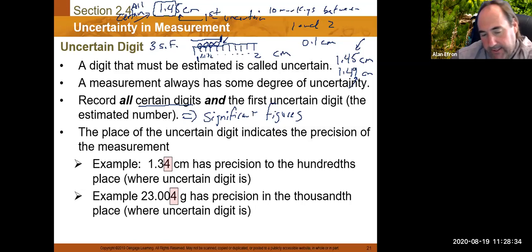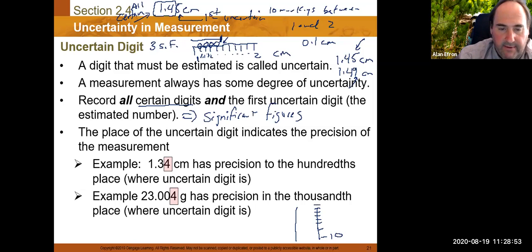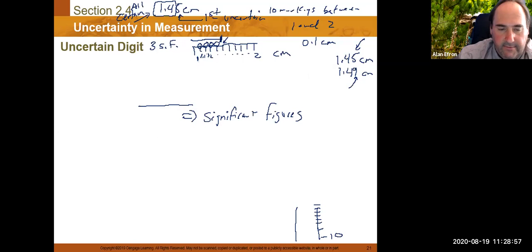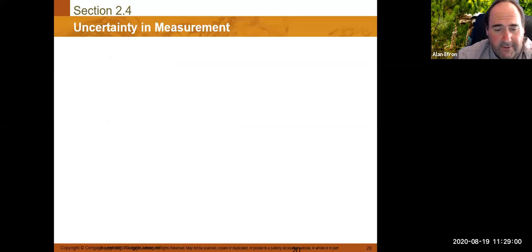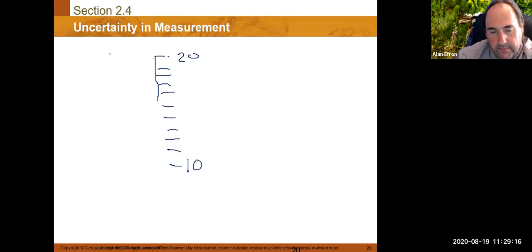Now, let's draw a better picture. We'll go with 10 and 20, and we'll put the scale to the right so we can see it.